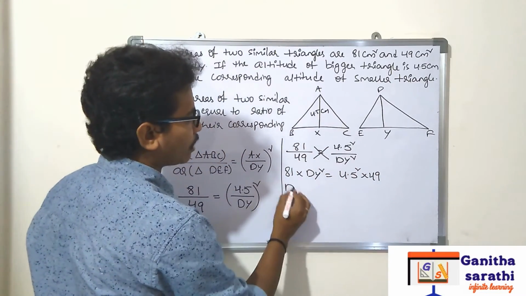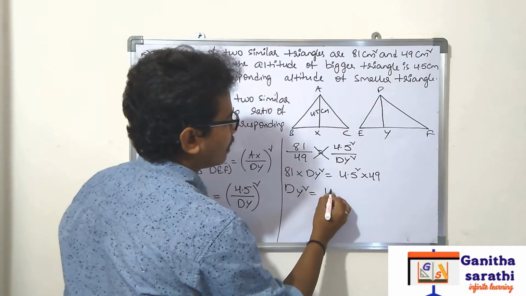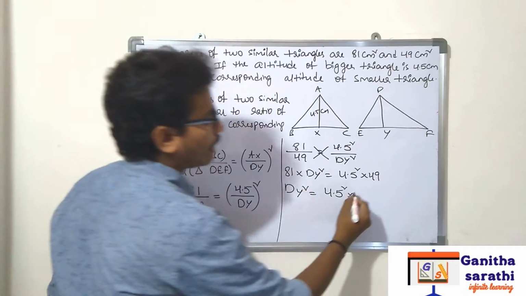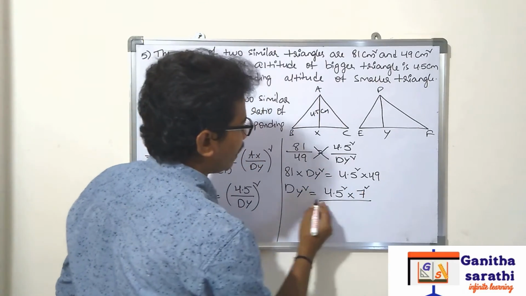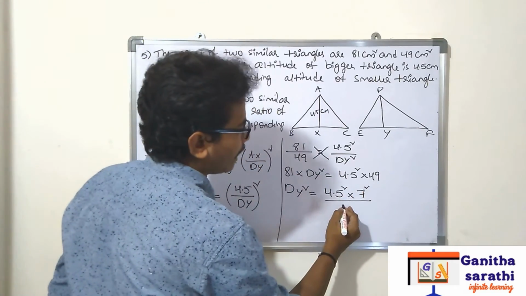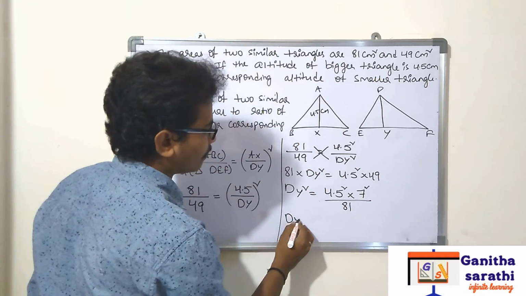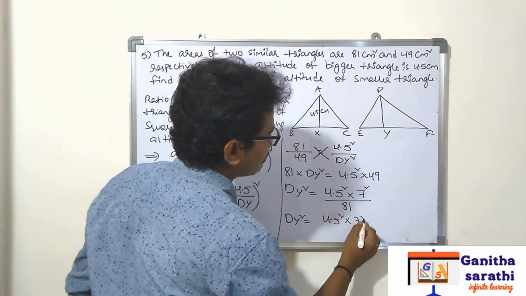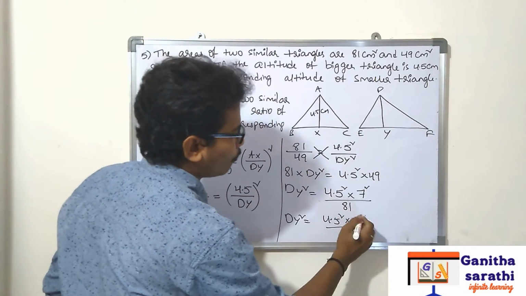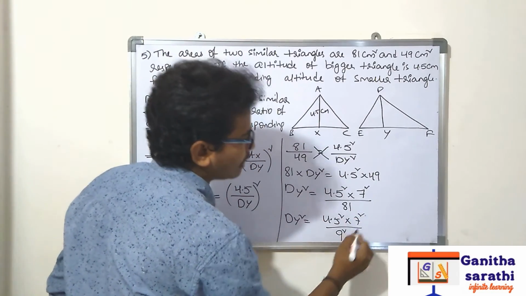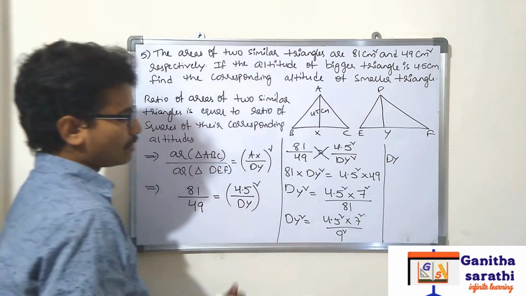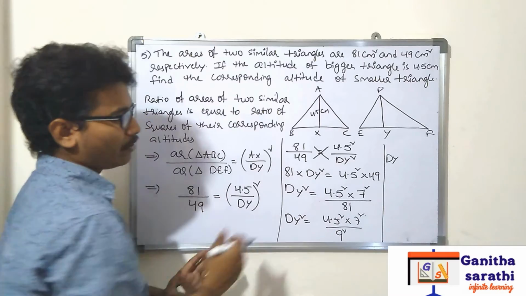Make this 81 to the right hand side. DY square is equal to 4.5 square into, we can write 49 as 7 square, by 81. Now DY square is equal to 4.5 square into 7 square by 81. How we can write 81? As 9 square, right?